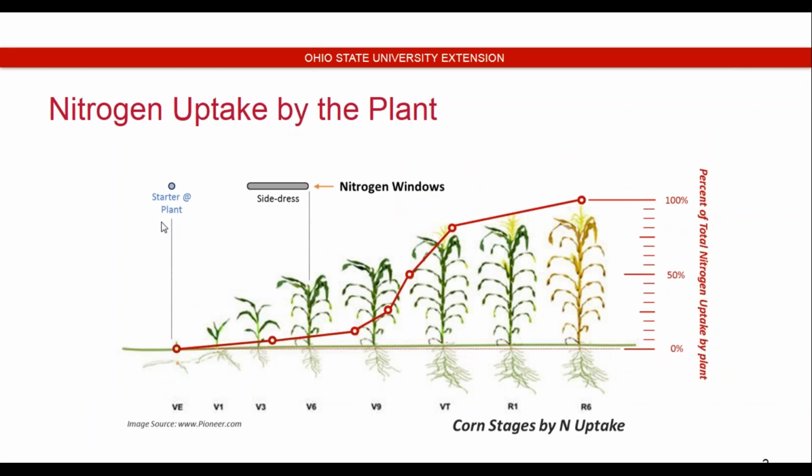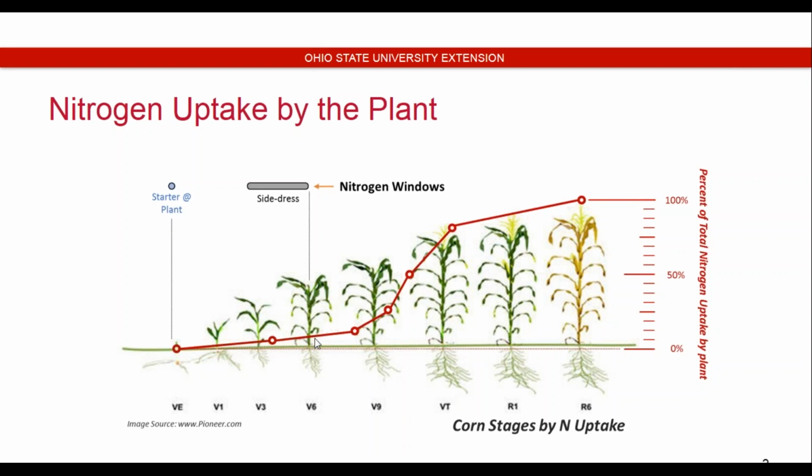So when we talk about our traditional nitrogen application windows, here at least in Ohio, we see a lot of guys will put that nitrogen on up front as a starter and then perhaps come back through with a side dress application around V6. And one of the challenges we see there is when we're applying our nitrogen this early in the season, as you can see on this uptake curve, the need of the crop really isn't there yet.